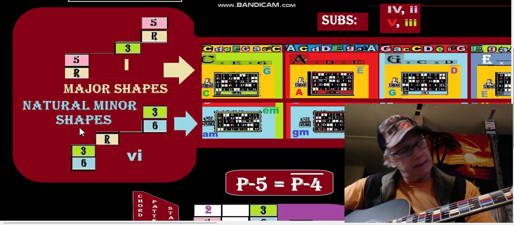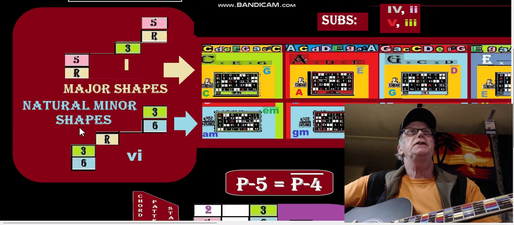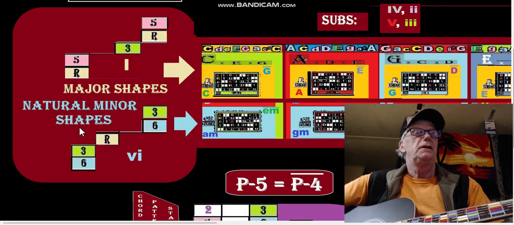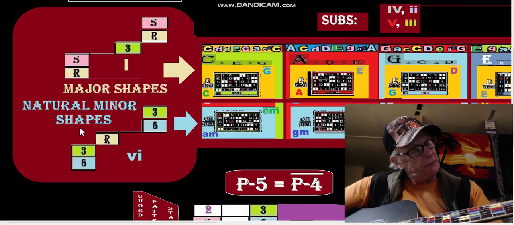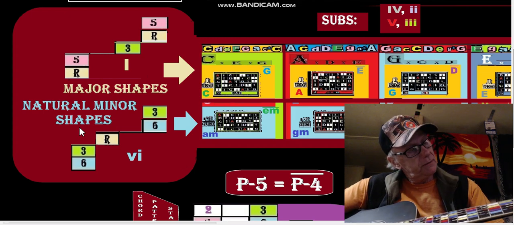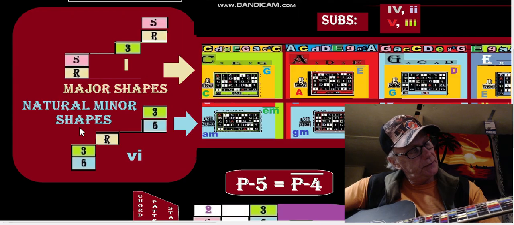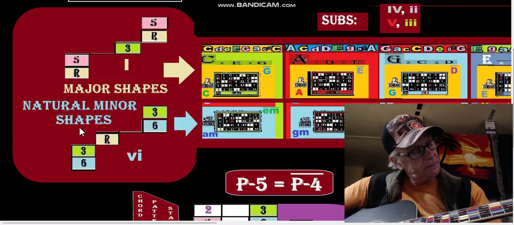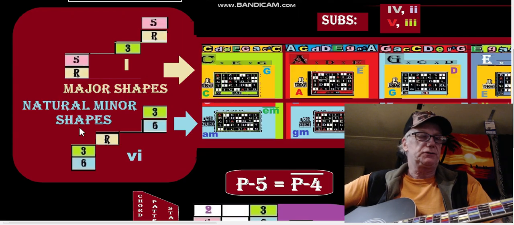Now when I go like this, that's its relative 6th. Now no matter where you play that, so if I'm going to do the 5th, and then we're going to do one of these, it still doesn't have a top string there.